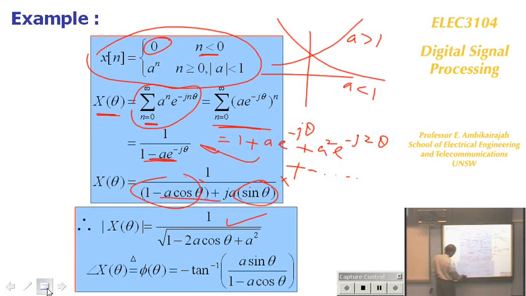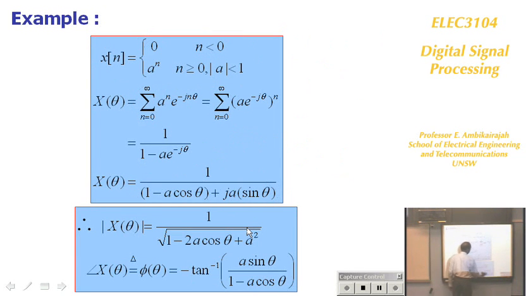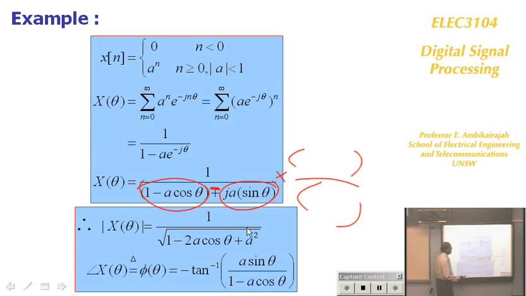Your phase response will become minus tan inverse of that. You can cross-check that. So to get the phase response, basically you multiply by the complex conjugate on the top and on the bottom, and after that, you just get the phase value. So that's how you calculate X theta if you are given xn.